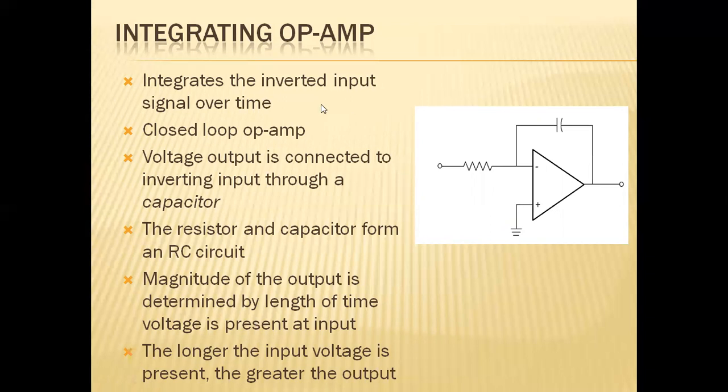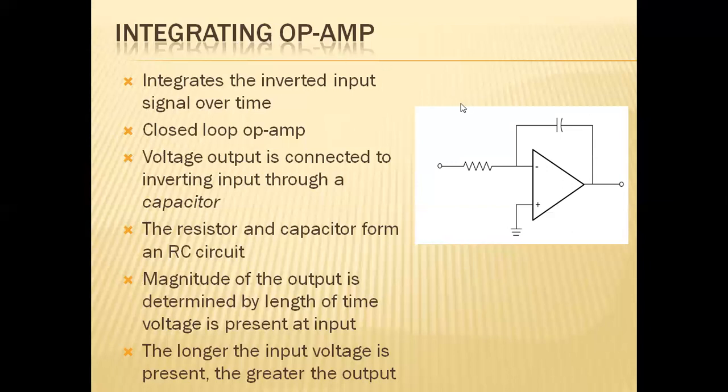Here it integrates the inverted input signal over time. It is a closed loop operational amplifier because the output needs to be monitored, and the difference needs to be identified based upon the output obtained in the processing as per the given input.